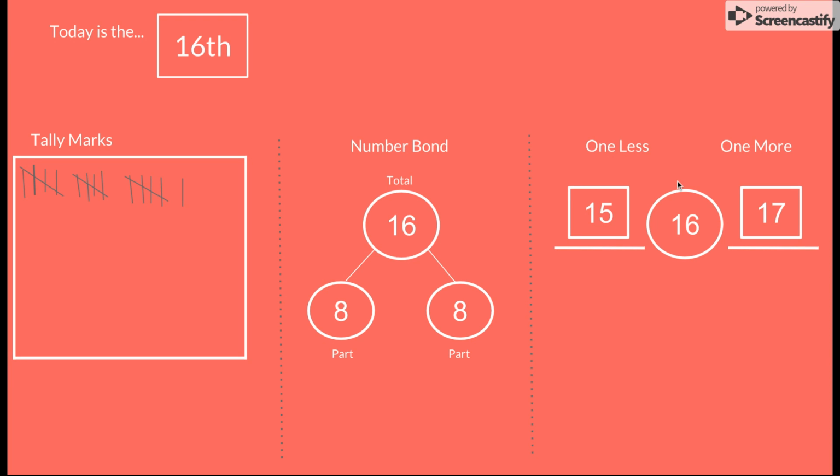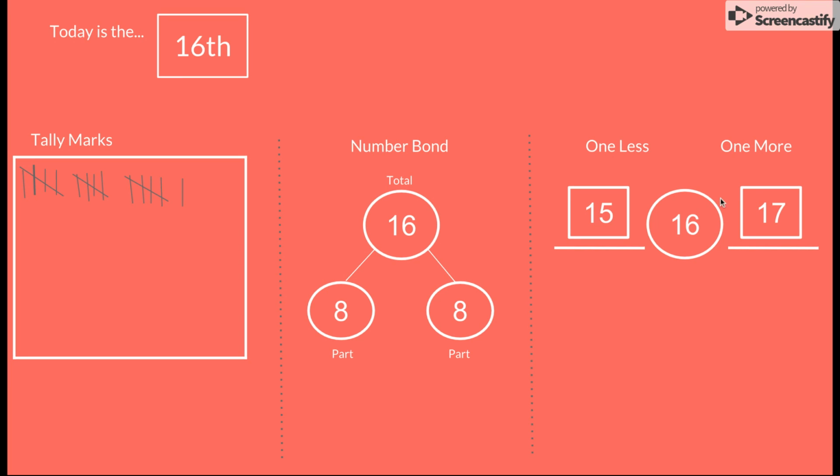And then to get an idea of 1 less, 1 more, again, we have the number that we're working on, 16. And then what is 1 less? So we can say this, what day was yesterday? They would remember the 15th. So we would say 15 is 1 less than 16. And then again, we can take it in terms of just counting numbers.